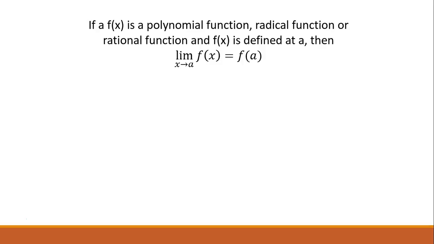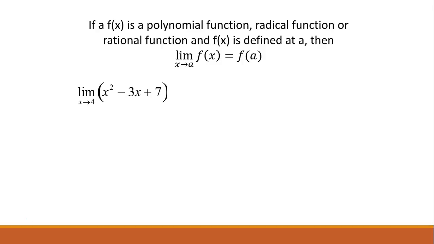If we have a polynomial or radical or rational function, and that function is defined at the value that we are trying to approach when we take our limit, we will be able to find our limits very easily by simply evaluating the function at that value we're approaching.